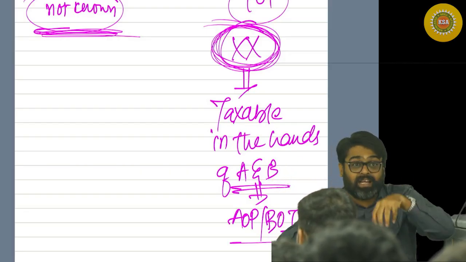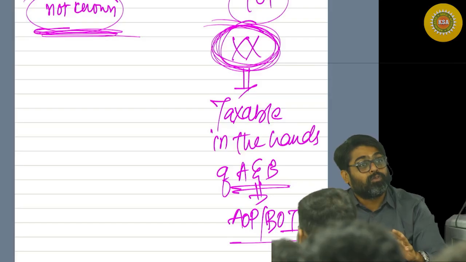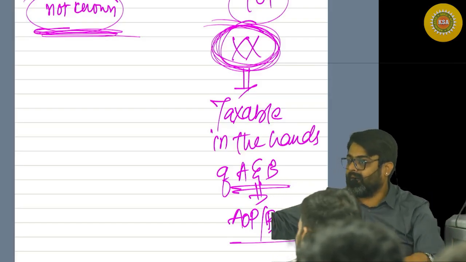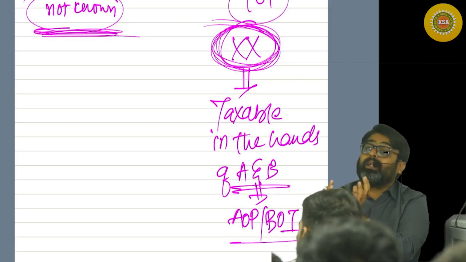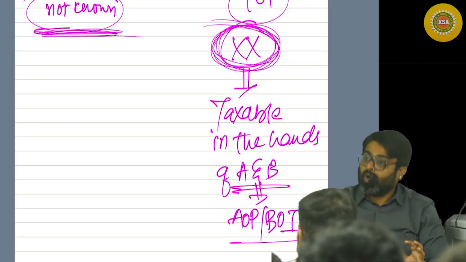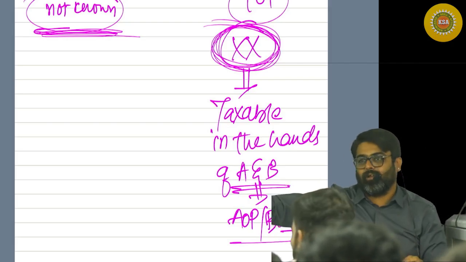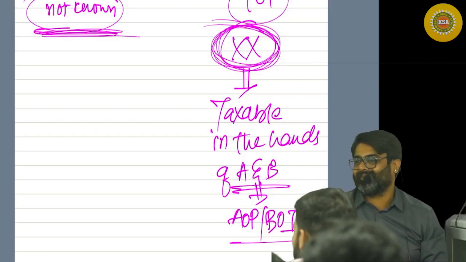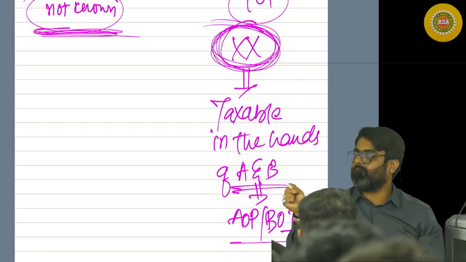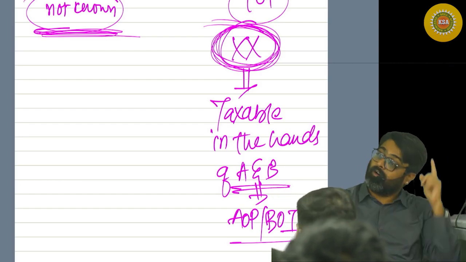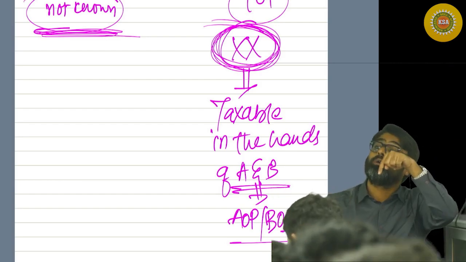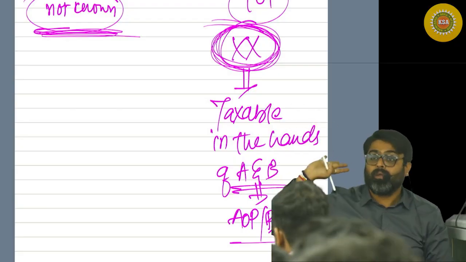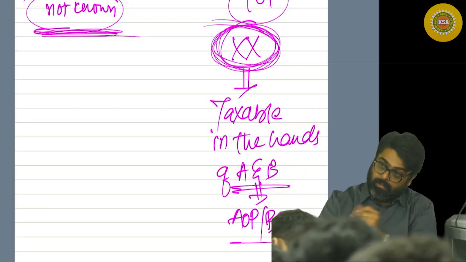Hello? Because share is not known. So if individually we are not able to charge tax on the income, combinedly from both of you we will take tax by giving you a status of AOP or BOI. Got it, sir? So both of you taken together, the government will call you what? Both of you will be given a status of AOP or BOI. Now both of you combinedly pay tax on this income.